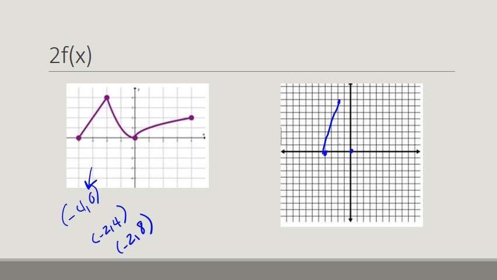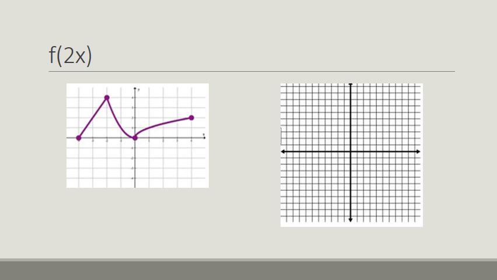All right, 0, 0 stays the same. The 1, 1 becomes 1, 2, and the 4, 2 becomes 4, 4. So it looks a little bit like that. It's taller.